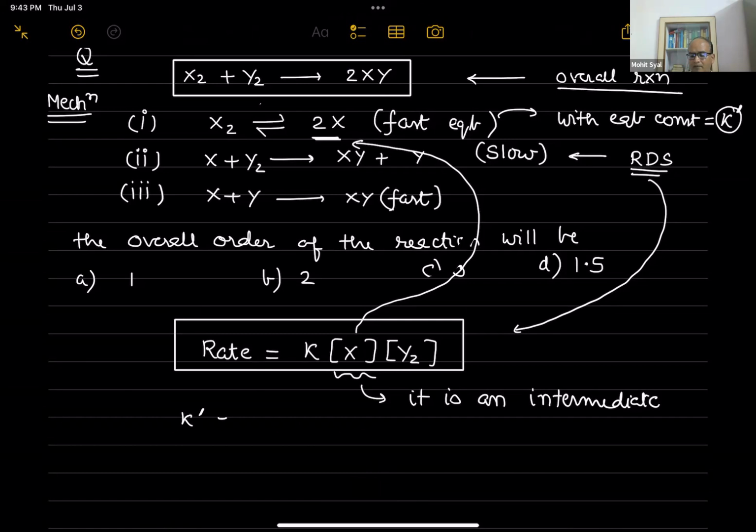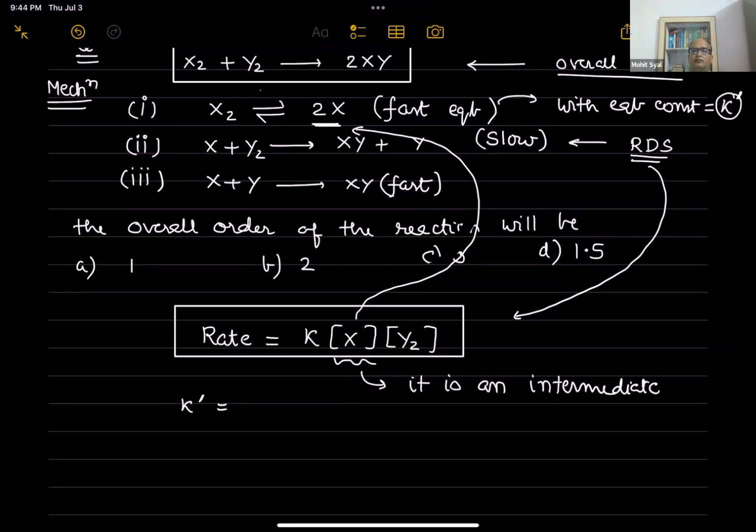So how do you write the expression for the equilibrium constant, tell me? In class 11th, you might have seen it; if you forgot, I will show. Is it clear?